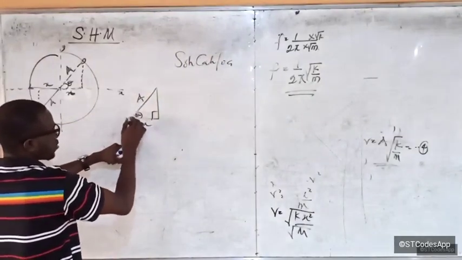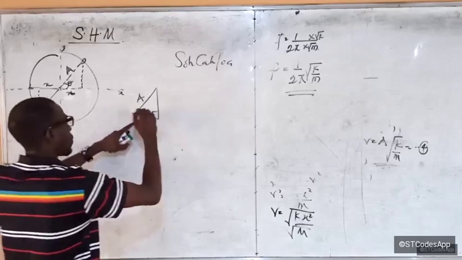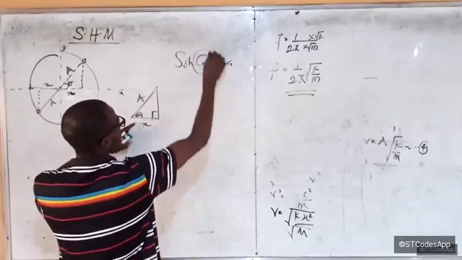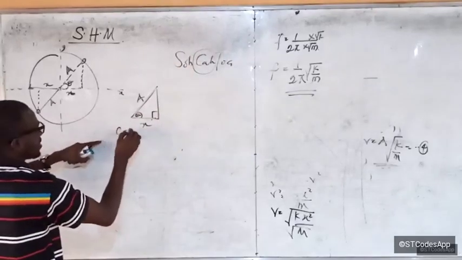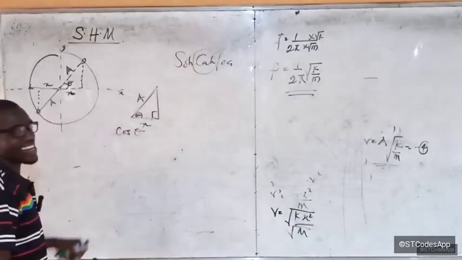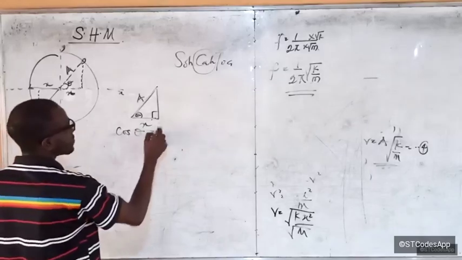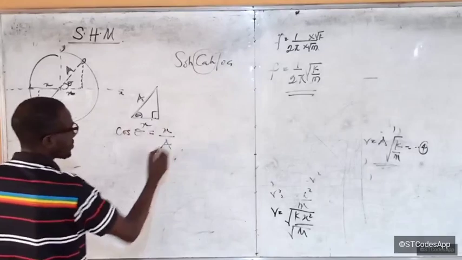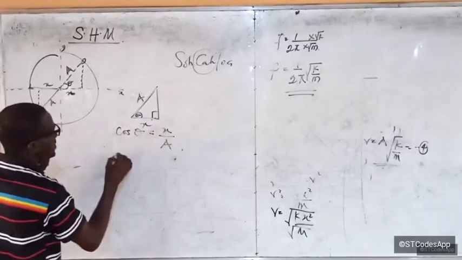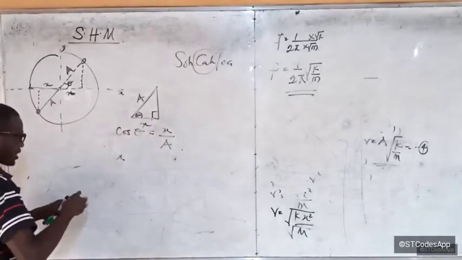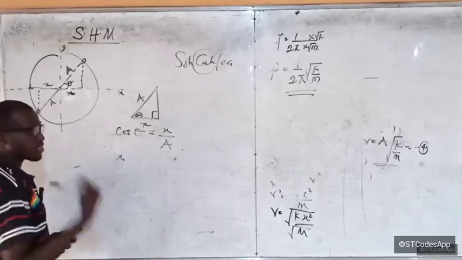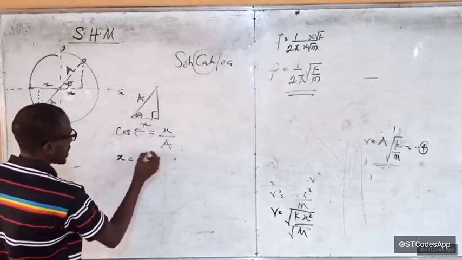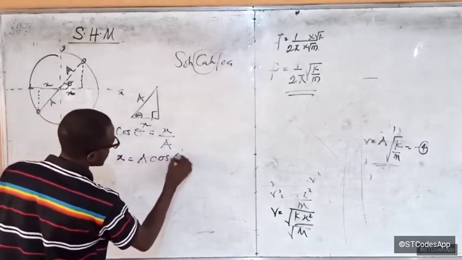What side is this? This is going to be the adjacent, right? And what side is this? The longest side, the hypotenuse. So what trig function is that? Cos, rather. Cos theta is going to be what? Adjacent x over hypotenuse A. So therefore the x, the horizontal displacement at a particular time, is going to be A cos theta.